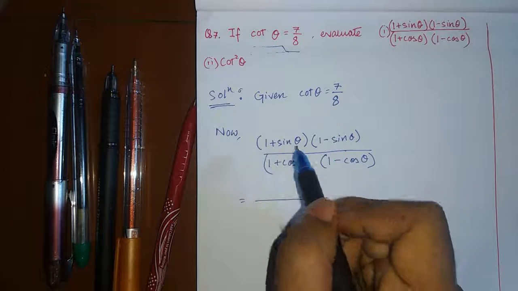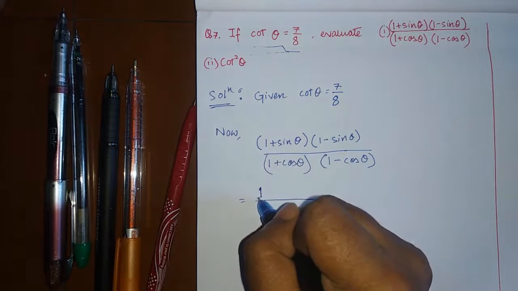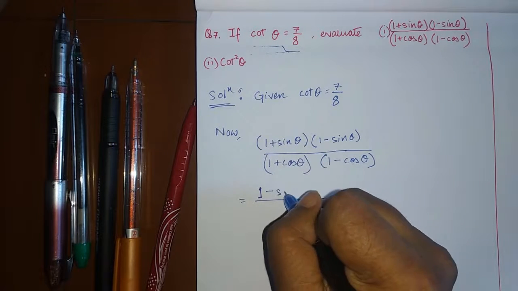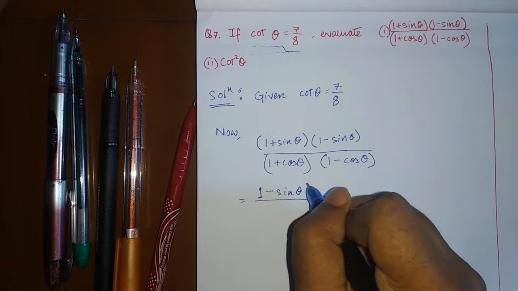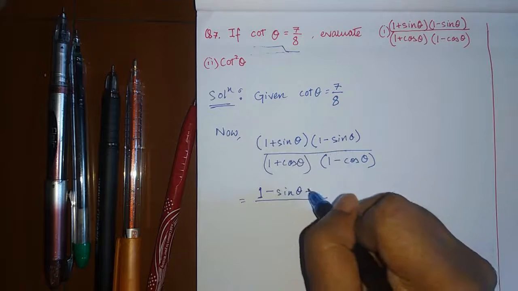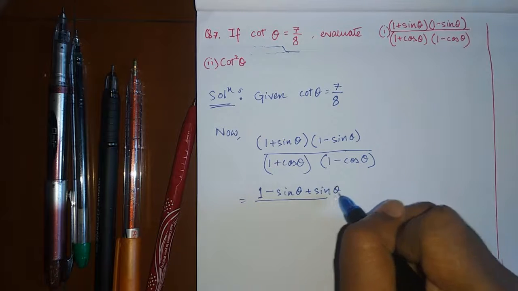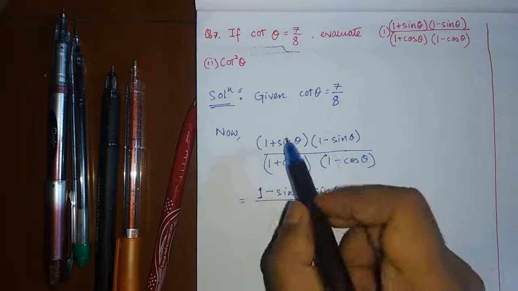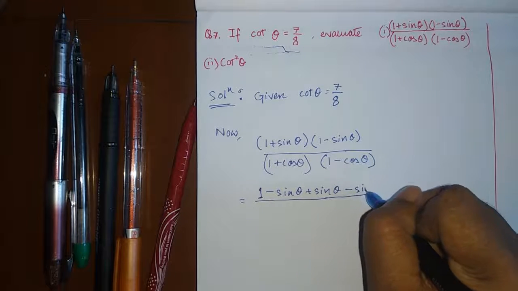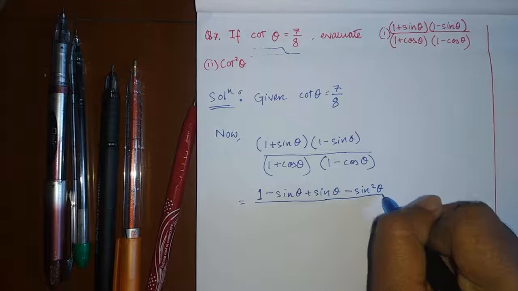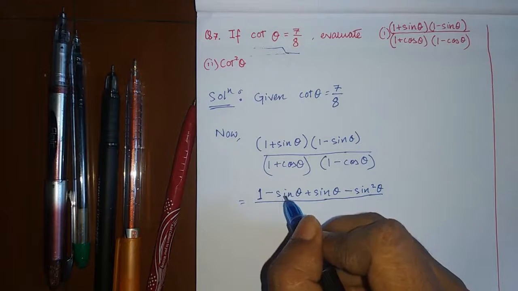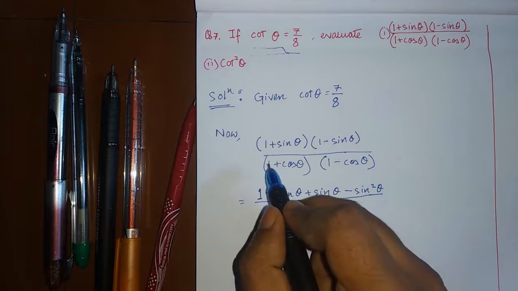First multiply 1 into 1, it's 1. Then multiply 1 into minus sin theta. It will be minus sin theta. Then you have to multiply sin theta with plus 1. You'll get plus sin theta. Then you multiply plus sin theta to minus sin theta. It will be minus sin square theta. These are things you have learned already in middle school, so I am not repeating it over again.